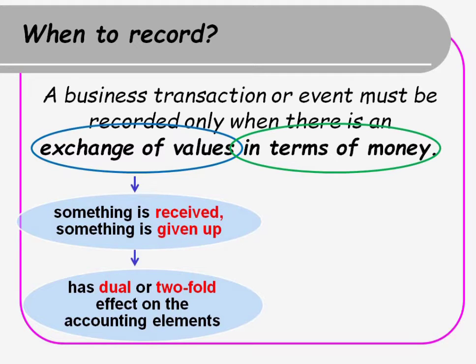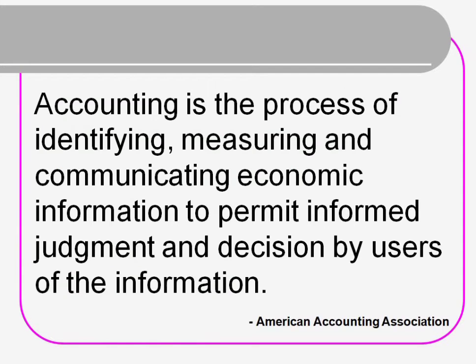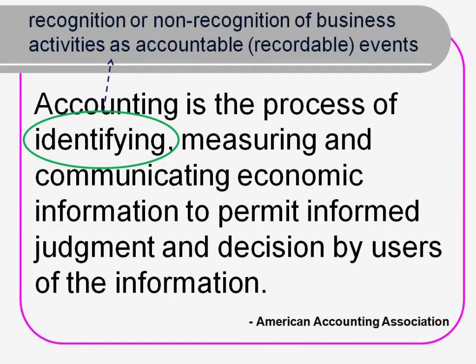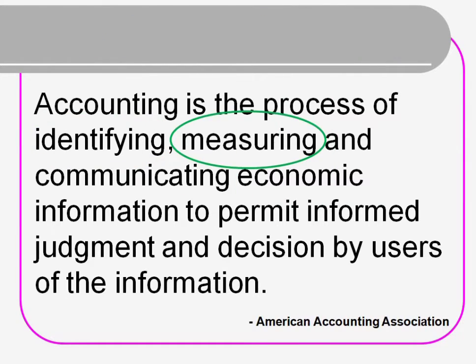That is what is referred to in this definition of accounting as identifying. Measuring is the assigning of monetary amounts to the accountable economic transactions and events. Because again, remember the phrases we have already encountered: financial in nature and in terms of money.